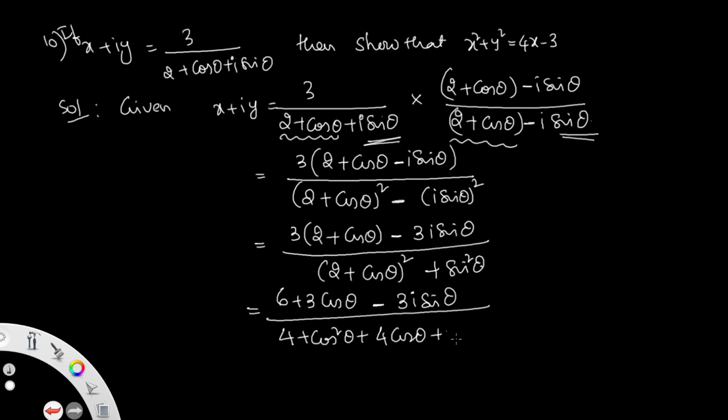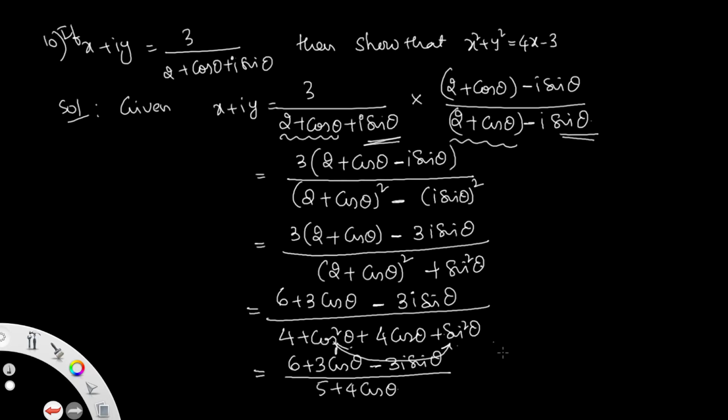Here cos square theta plus sin square theta becomes 1 by the identity. So 4 plus 1 is 5, giving 5 plus 4 cos theta in the denominator. Just simplify and separate the terms.